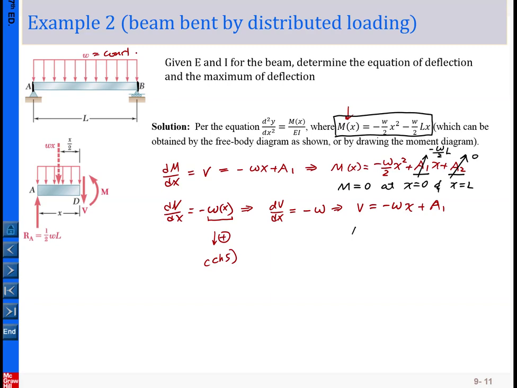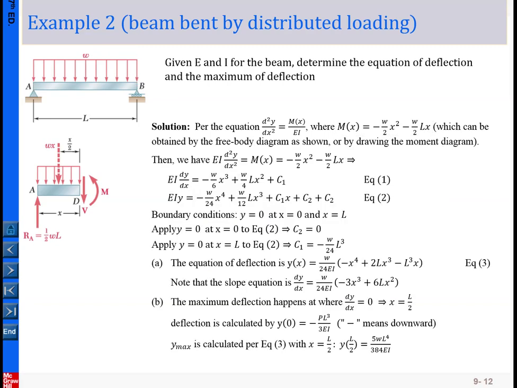So starting from here, we do the integration and then the whole thing. And now the boundary conditions for this case are these. This is a support here, and the deflection at A equals 0, the deflection at B equals 0.